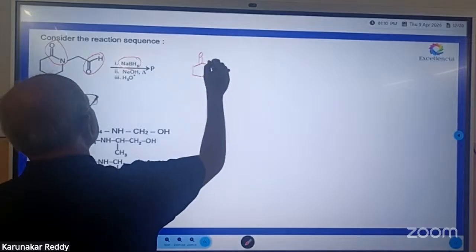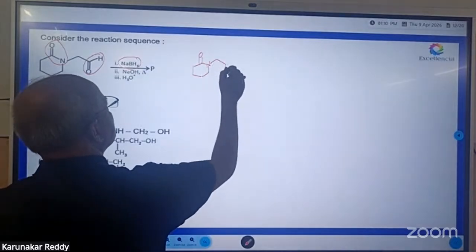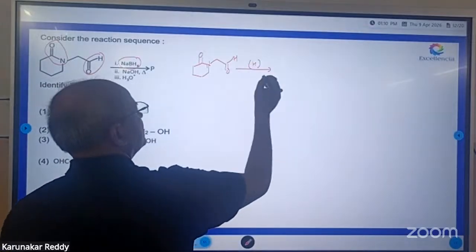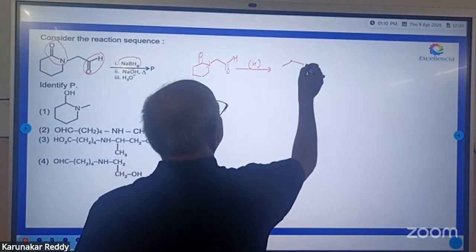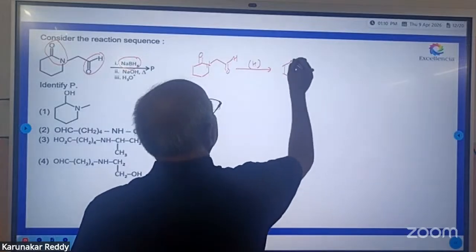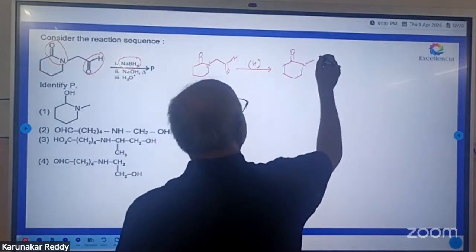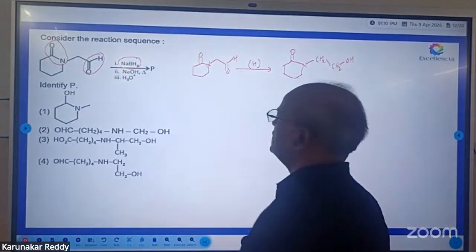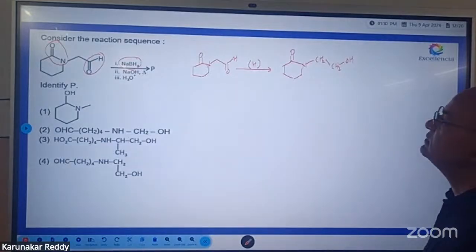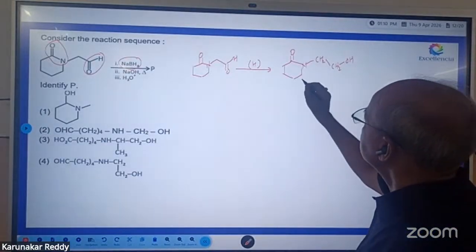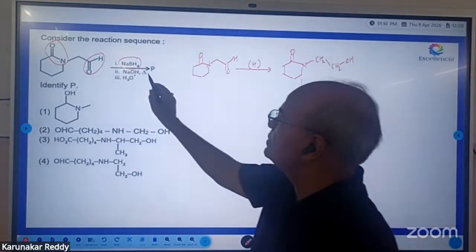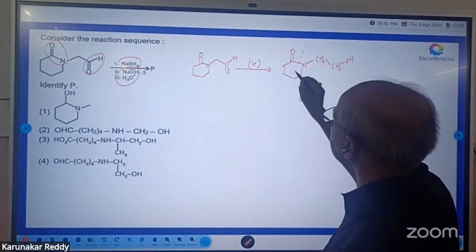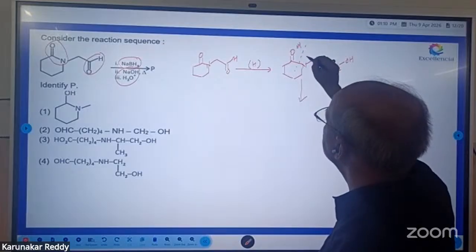In this, nitrogen is there, and here CH2, C double bond O, H. Once it is reduced by the sodium borohydride, we are going to get this one, CH2, CH2OH, alcohol. Aldehydes are converting to alcohols. Now, in the next step they gave us sodium hydroxide, meaning basic medium. So first the amide is going to be hydrolyzed. Amides undergo hydrolysis.